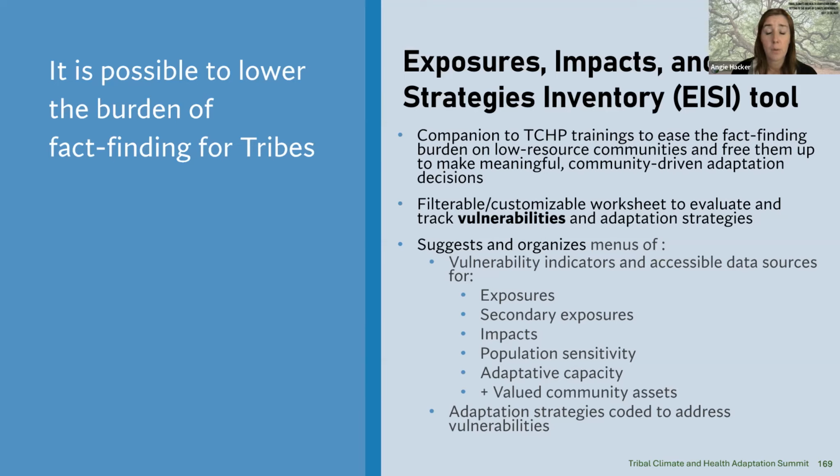indicators. So exposure, we go by each of those 5 exposure areas that we keep talking about. We connect them with what the research is showing us, where the secondary exposures live. We connect those with potential impacts that are coming from those exposures. And then we talk about where the data lies for all of those things. And there's a whole section also on indicators and data sources for population sensitivity, right?